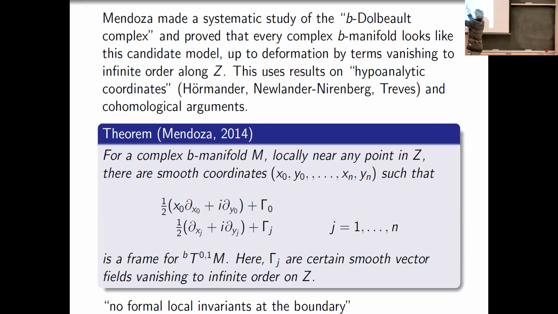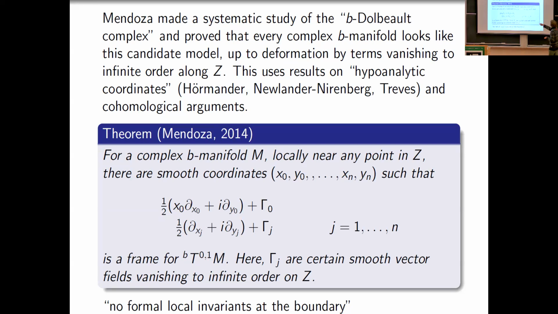To put everything on this slide in a slogan, he proved that there are no formal local invariants at the boundary. So maybe there's not just a local model, but up to Taylor series, up to stuff you can't capture in Taylor series, there's no local invariance. Anything else I should say?